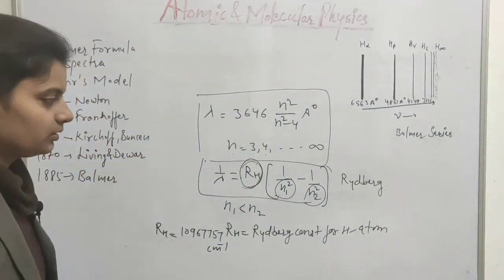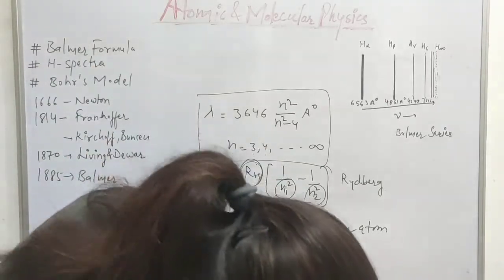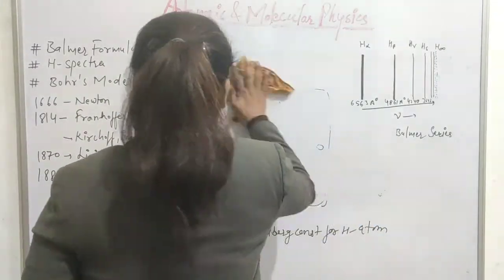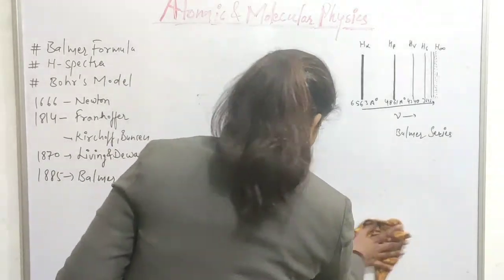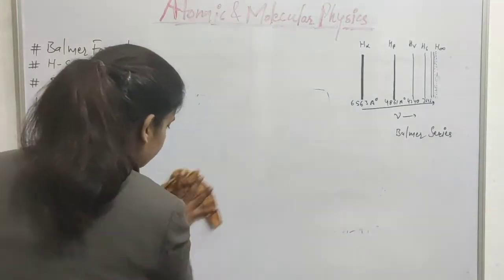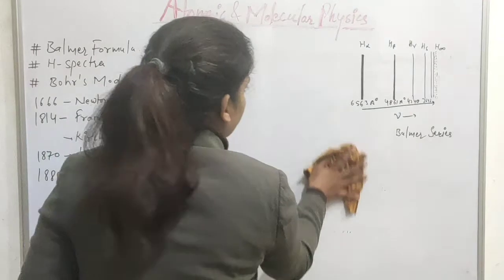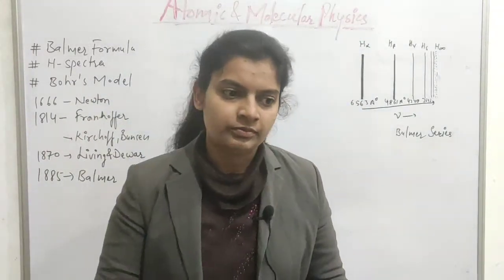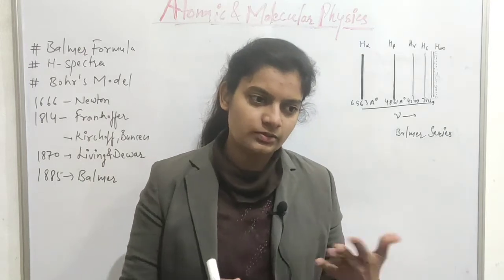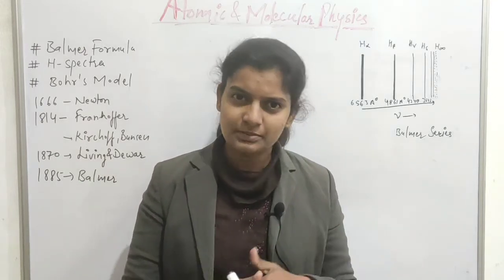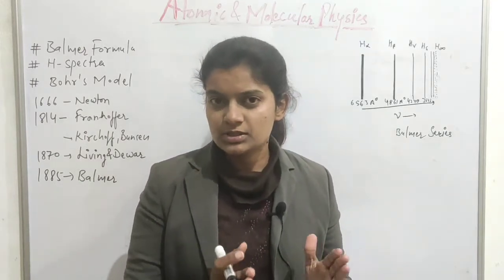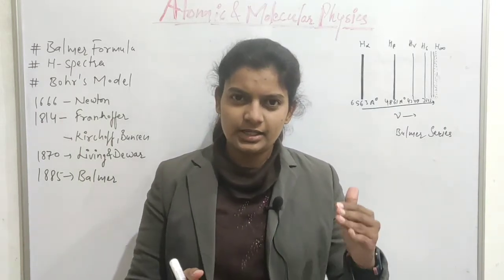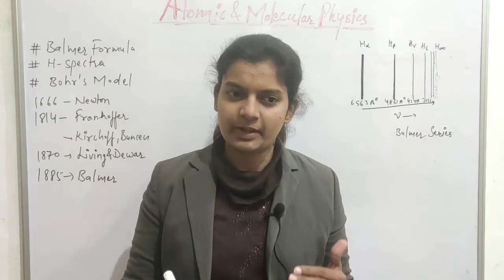So this is the case of the simplest spectra, that is, the hydrogen atom spectra. The next simplest spectra was of alkali elements. It was found that in the case of alkali elements, there were also some patterns. There are four series in the case of alkali spectra.